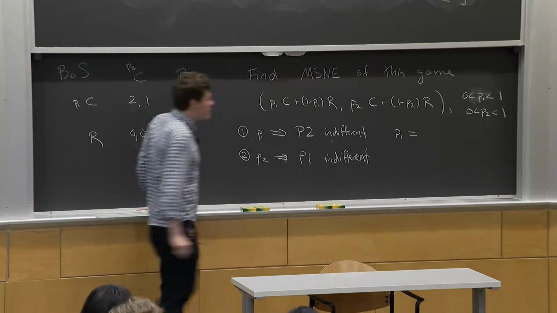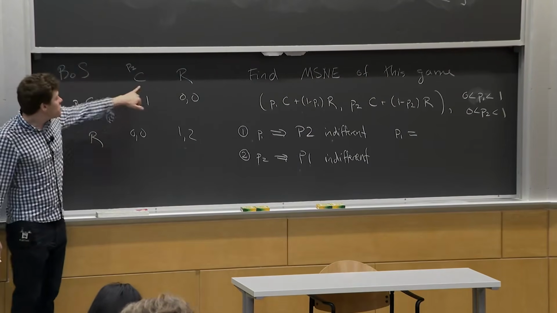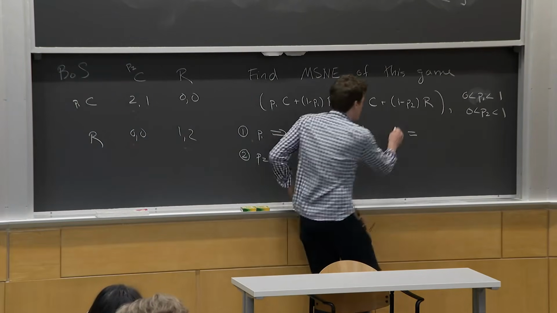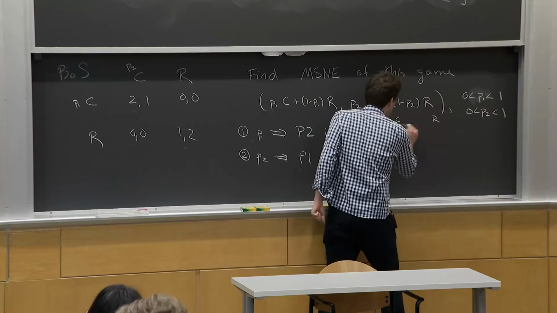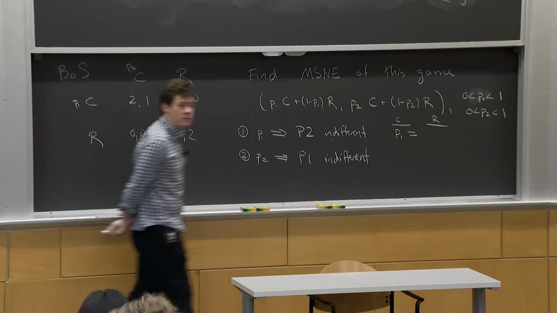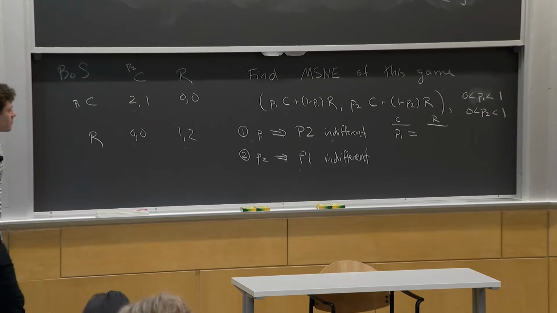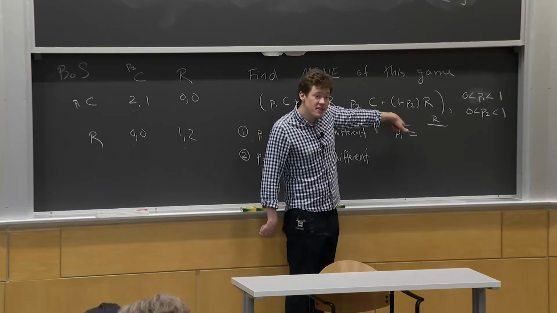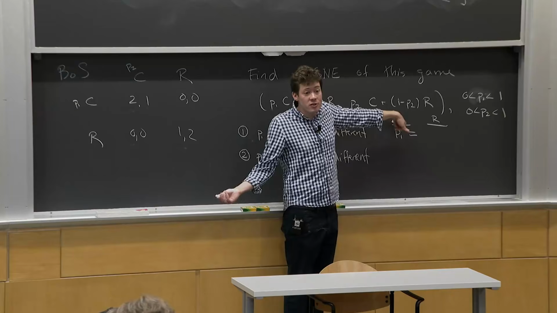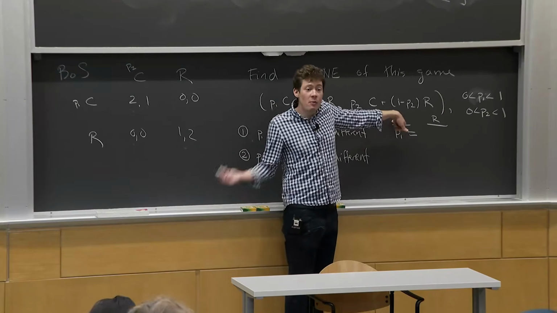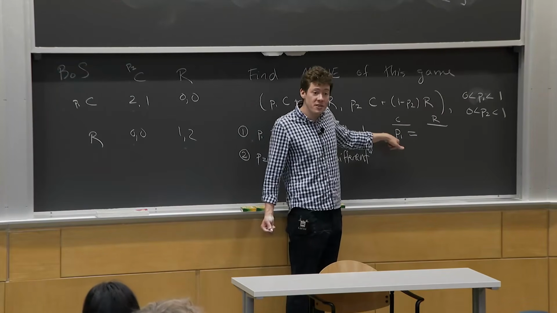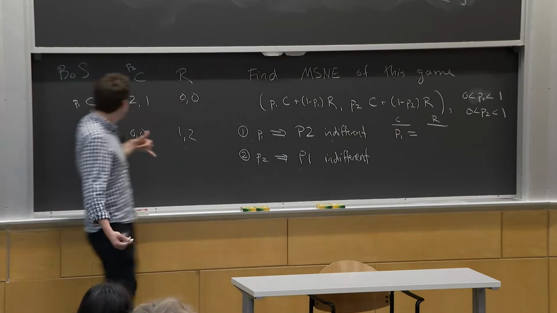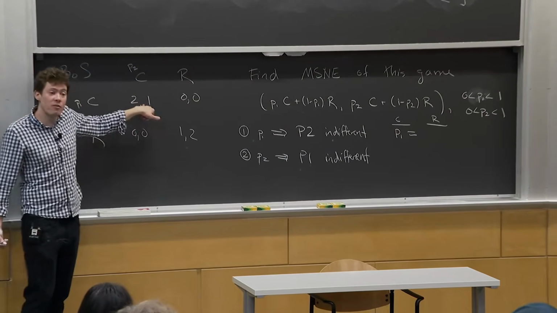So here P1 is the expected utility for player 2 from playing C. So maybe I'll put a C here and an R here, just to keep track of what we're comparing. And this makes sense, right? If I'm player 2 and I go to the Celtics game, I know that if my opponent goes to the Red Sox game, I get a payoff of 0. So my only utility comes from if they also go to the Celtics game. That happens with probability P1, and if it does happen, I get a payoff of 1 because I like the Red Sox more. I only get a payoff of 1 from the Celtics.